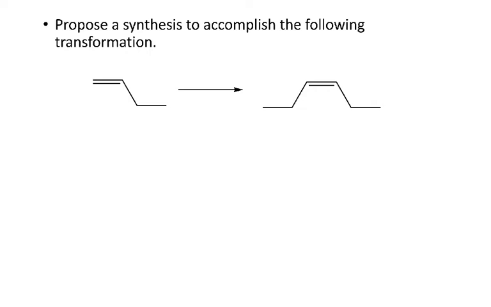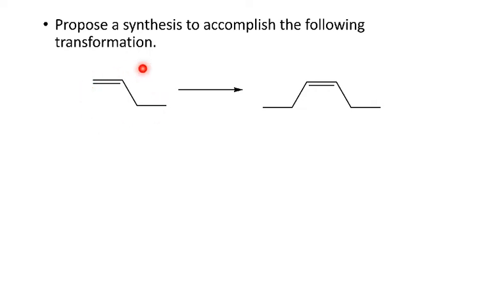Essentially what I've done here is I started with 1, 2, 3, 4 carbons. I now have 1, 2, 3, 4, 5, 6 carbons. So I've effectively added an ethyl group here, and so I've added a carbon-carbon bond. The only way that we've learned in this chapter to add carbon-carbon bonds is with alkylation of a terminal alkyne.